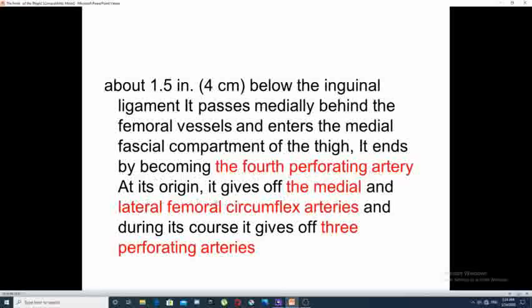At its origin, it gives off the medial and lateral femoral circumflex arteries, and during its course it gives the 3 perforator arteries, and as you know, it ends as the 4th perforator artery.